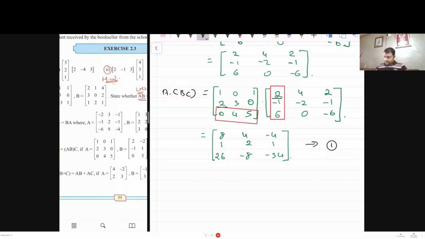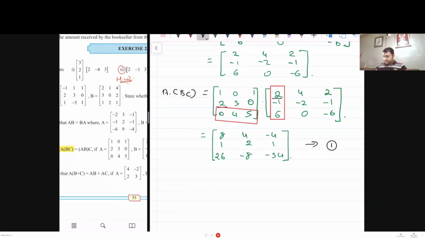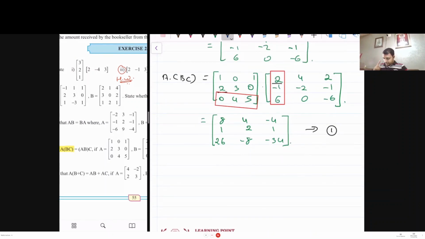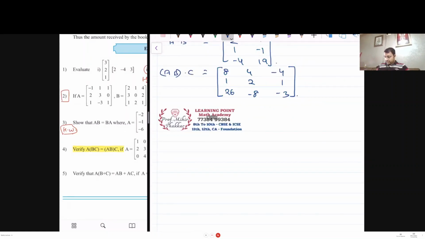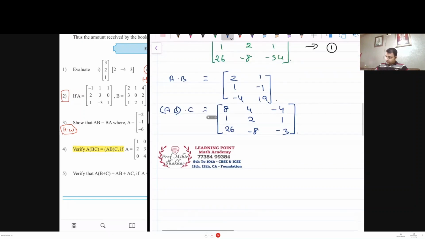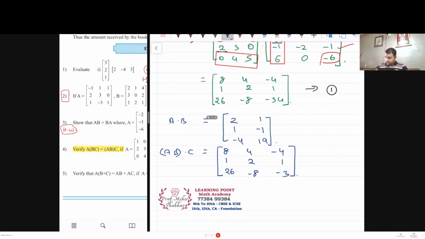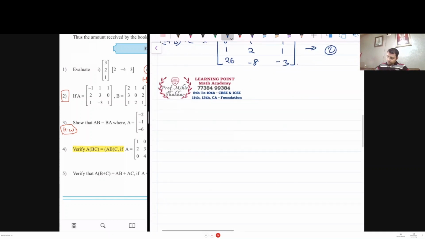Now in the same manner, I want everybody to try to find the answer for RHS on your own right now. First, find out the value of A into B. Whatever the answer comes for A into B, then multiply with C. Come on, quickly. We have to verify over here that A into BC is equal to AB into C. And we can see over here from the equation number 1 and the equation number 2 that they both have come out to be equal. So, you just have to write your final answer.